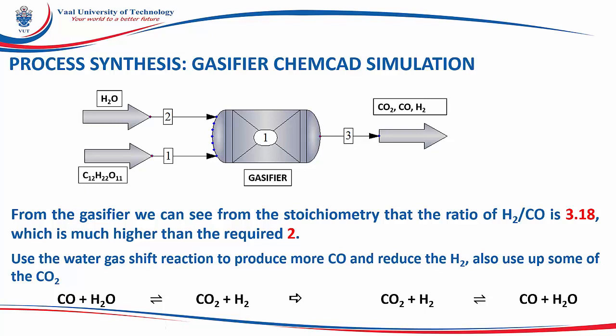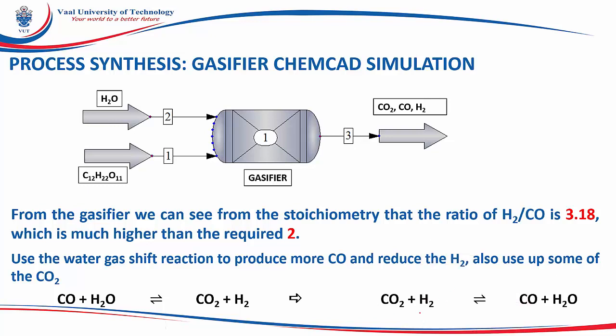We can use the water gas shift reaction to produce more CO and reduce the H2, and also use some of the carbon dioxide that we have produced in the gasifier. Instead of the usual conventional direction of the water gas shift reaction, we are going to look at the reverse, which is this one on the side here.